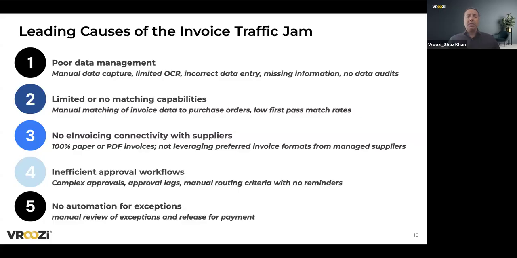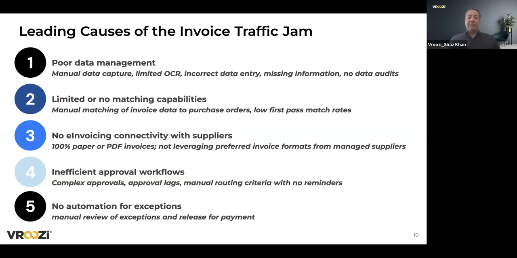What does that lead to? That leads to no-nos, where your days payable outstanding goes up, not down. And DPO is a very big metric that companies should be looking at as it relates to their invoice automation and how they can improve speed.